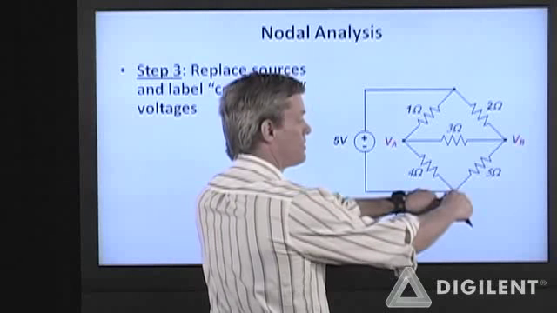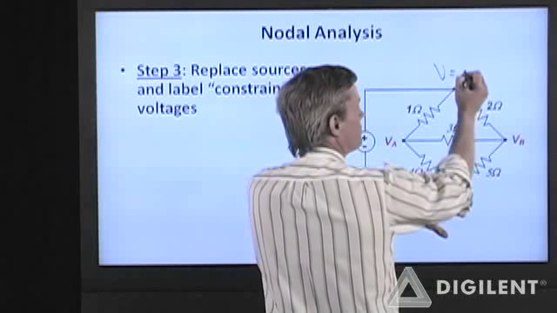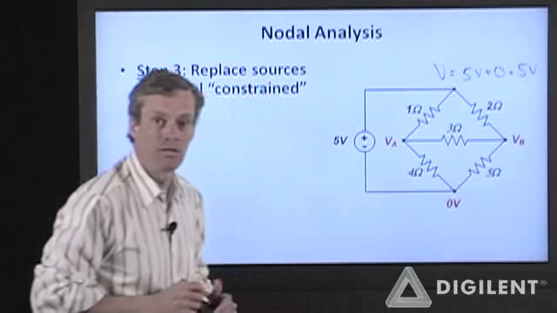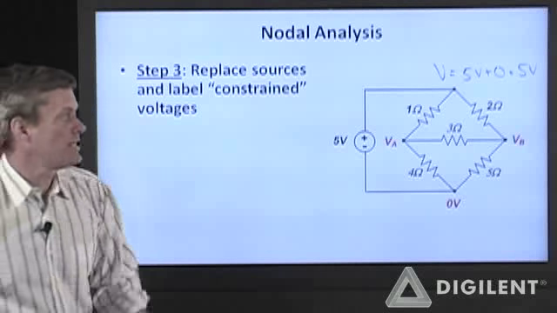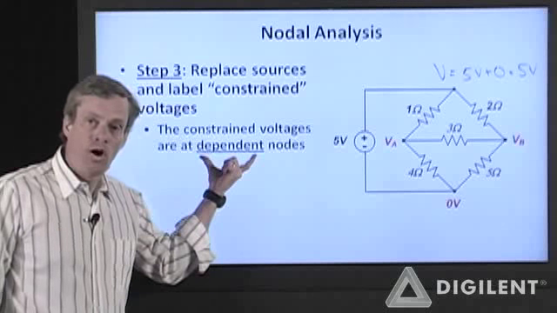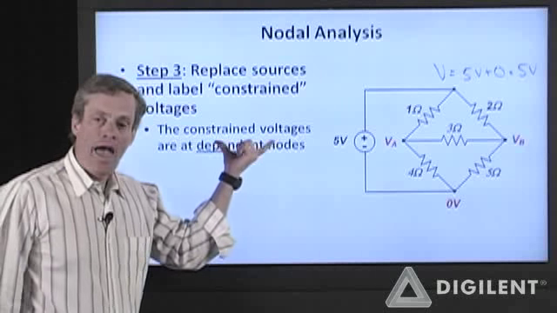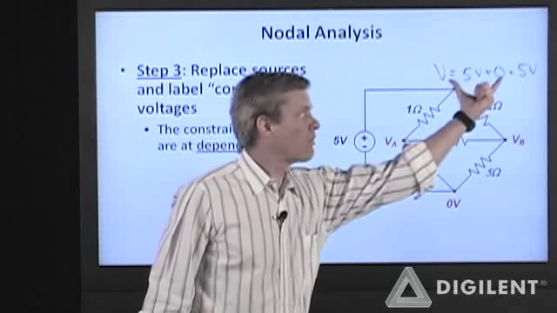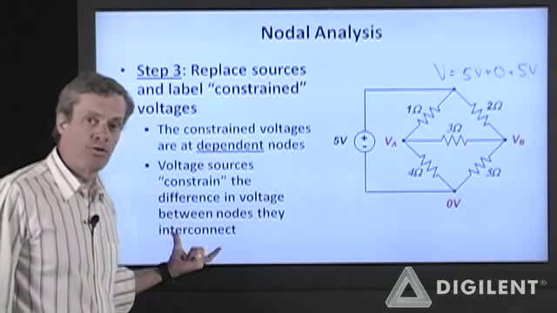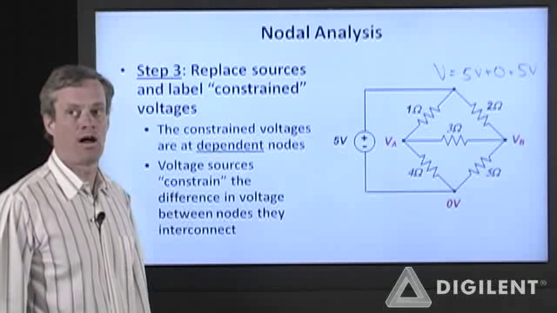It is 0 volts plus 5 volts, so V is equal to 5 volts plus 0, which is just 5 volts. We know what that voltage is. It's constrained. So dependent nodes, which were nodes that were removed by killing the sources, have constrained voltages. We can write the constraint equation here to give us the voltages at those nodes. They're not independent unknowns that we need to worry about later on.